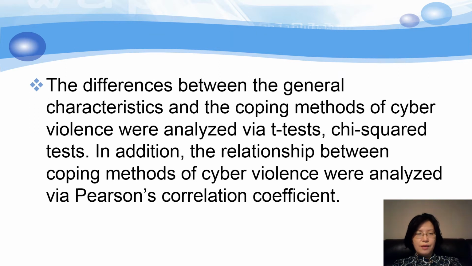Differences between the general characteristics and the coping methods of cyber violence were analyzed via t-test, chi-squared test. In addition, the relationship between coping methods of cyber violence were analyzed via Pearson's correlation coefficient.